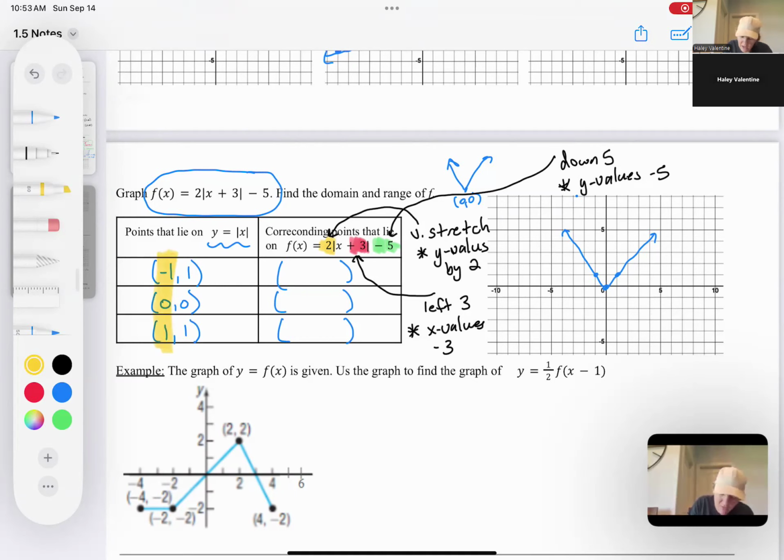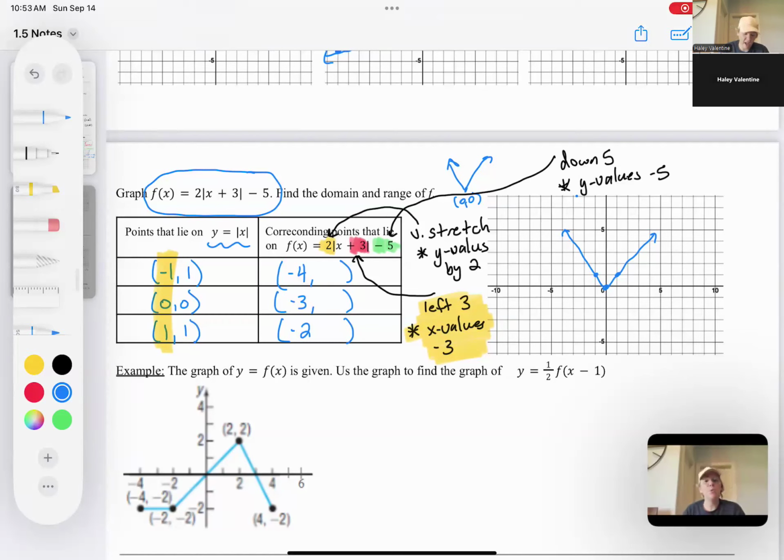All I have to do with my x values is subtract 3 to each of them, because that will shift it left, right? So I'm going to start with 0, will be at -3. If I take 1 and subtract 3, now it's at -2. If I take -1 and subtract 3, now it's at -4. Since that was the only horizontal transformation, that's the only thing that had to happen to the x.